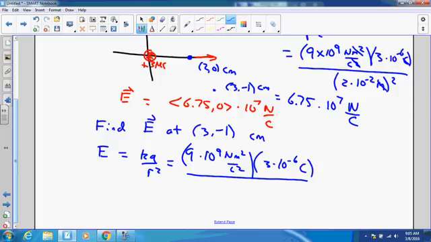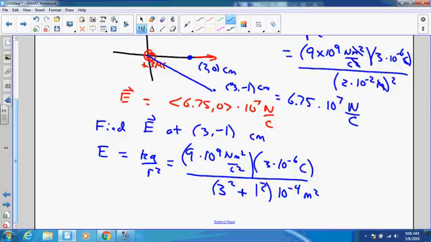Now, for the r squared here, observe that r is the distance, and therefore I have to use the Pythagorean theorem. Fortunately, that's going to give me 3 squared plus negative 1 squared centimeters squared, which I'm going to represent as 3 squared plus 1 squared times 10 to the minus 4 meters squared.